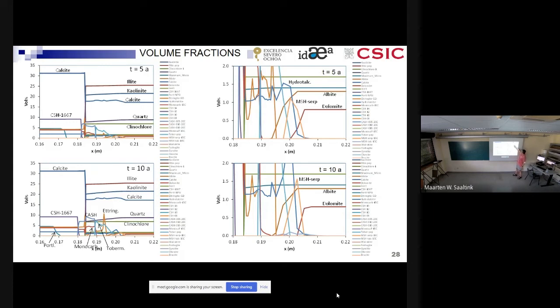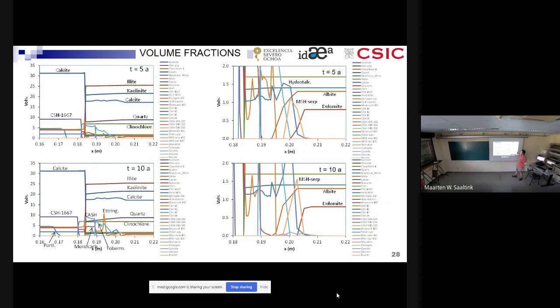Importantly, you see this orange line, albite, and so albite completely close to the interface, 1.5 centimeters, but also dolomite. Dolomite is dissolving. Dolomite is a calcium magnesium carbonate, and we have the magnesium mainly from the dolomite used in the precipitation of magnesium phases, hydrotalcite and this MSH. CSH was a calcium silicate hydrate, MSH is a magnesium silicate hydrate.